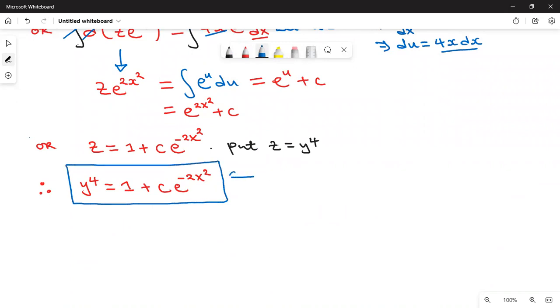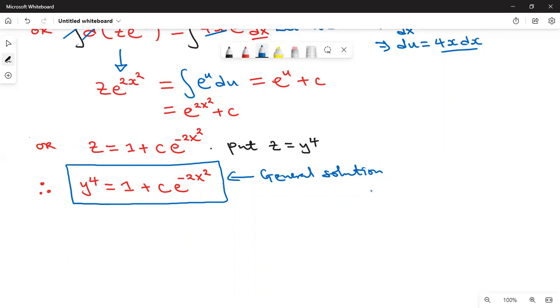We now need to find the particular solution. So let me comment: general solution. The c that we have there is an arbitrary constant, which we need to determine its value when we apply the given initial conditions. So let's see, what was the initial condition?